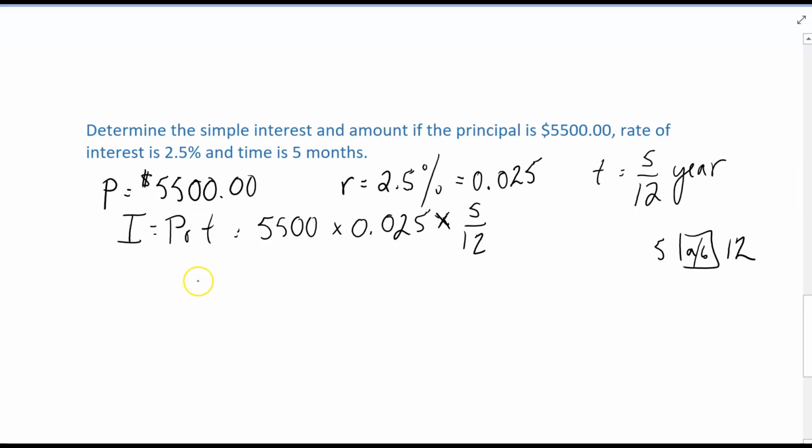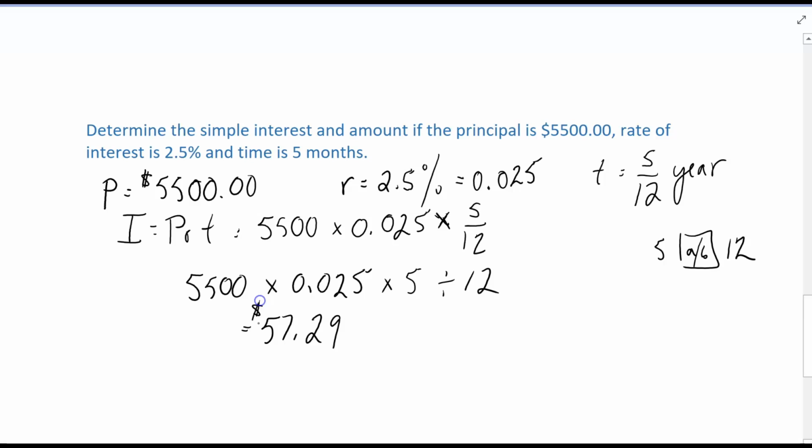So actually on my calculator, I can do 5,500 times 0.025 times 5 divided by 12. And that will get us the interest amount. Let's see what that is. 5,500 times 0.025 times 5 divided by 12. All right. 57.29.